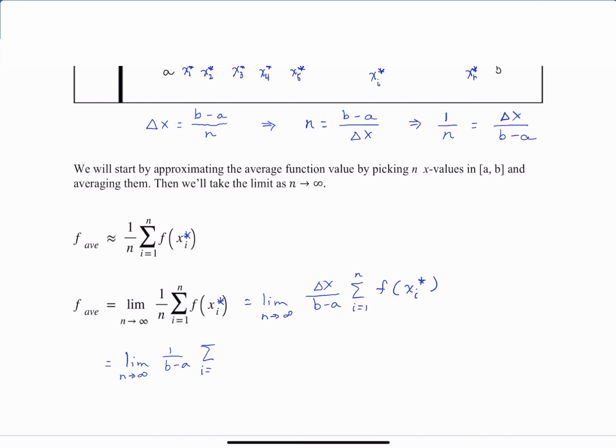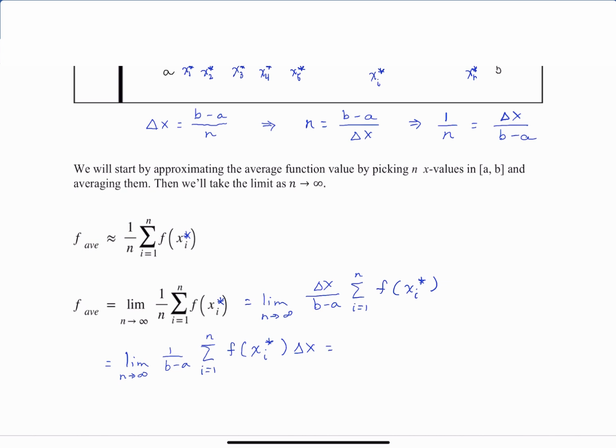And when you distribute into a sum, each term gets multiplied. And 1 over b minus a is just a constant. It's whatever numerical value you get there, because b and a are constants.